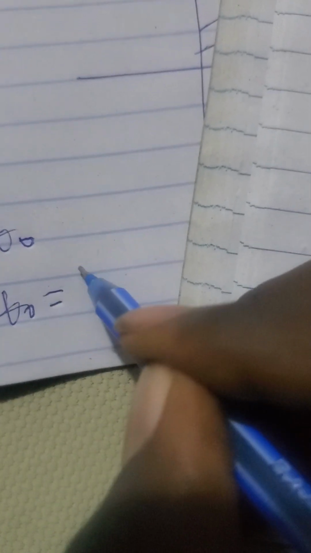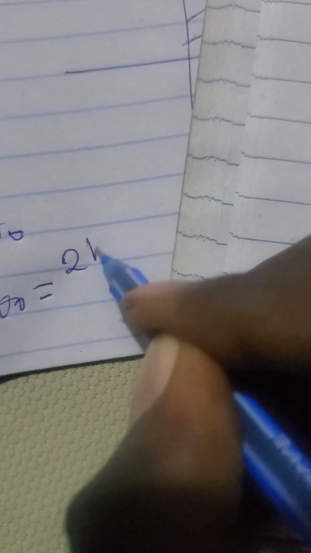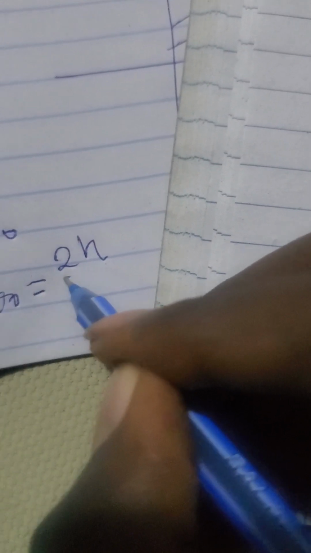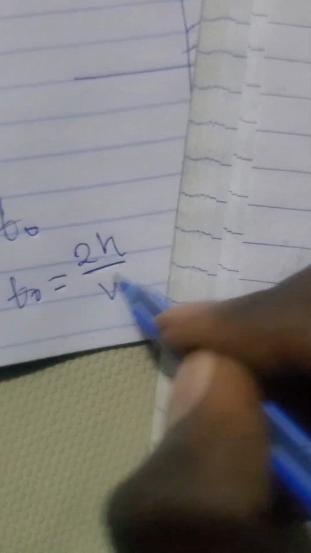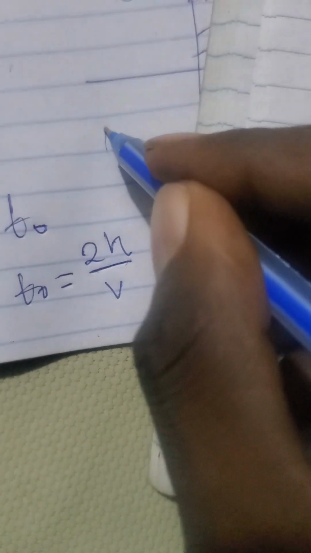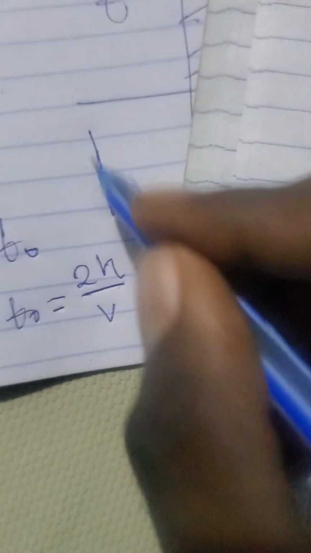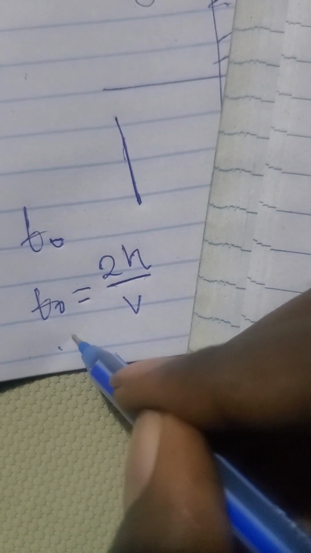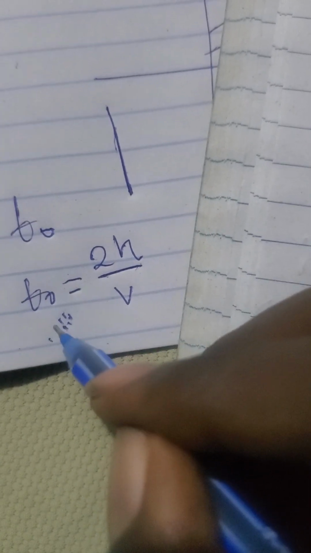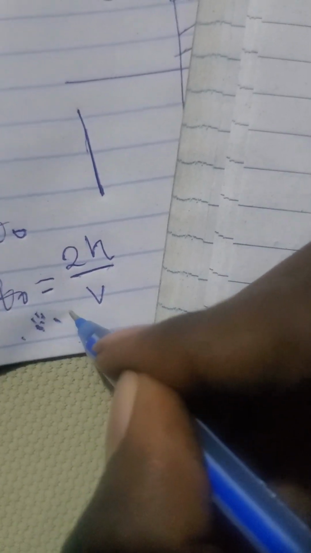If you remember, t naught was expressed as 2h divided by velocity, of course. 2h means to move h downward and move h upward. Therefore, t naught is the time of the two-way vertical travel.